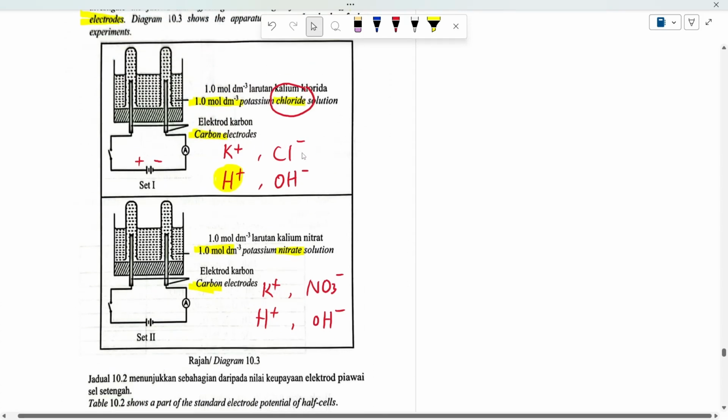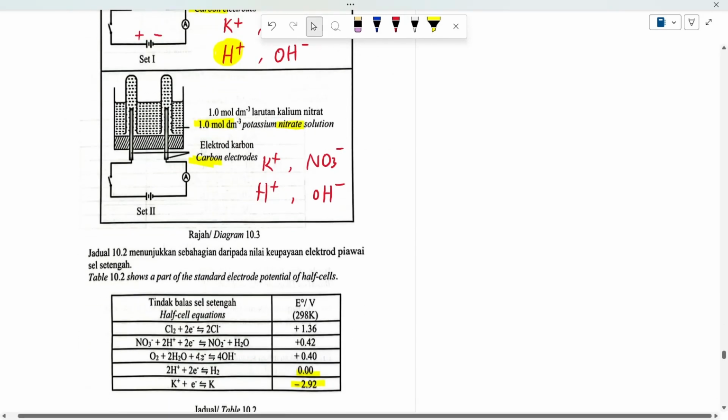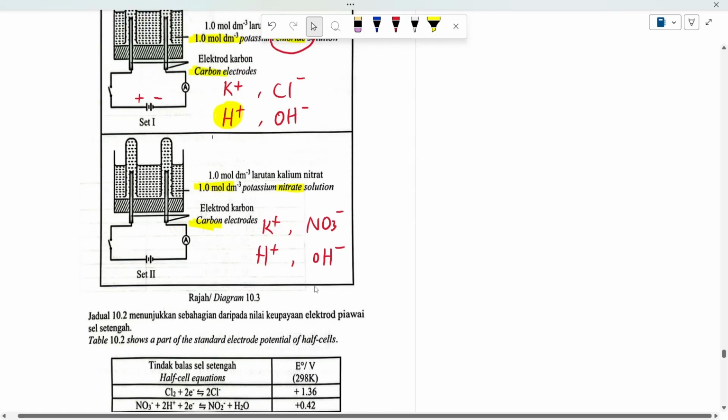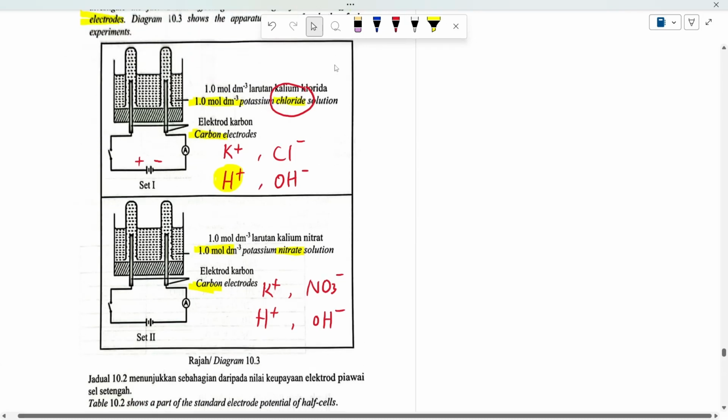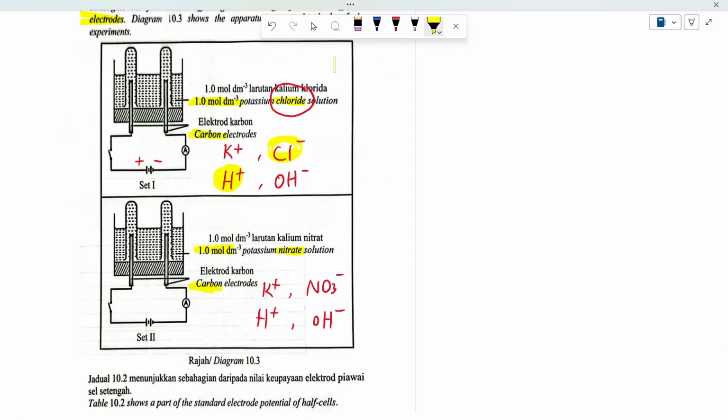Now how about the chloride and hydroxide? Chloride is 1.36, hydroxide is positive 0.4. In a normal case, we will choose hydroxide. But in this case, we will not choose the hydroxide. Why? Because of high concentration, we will choose the chloride.